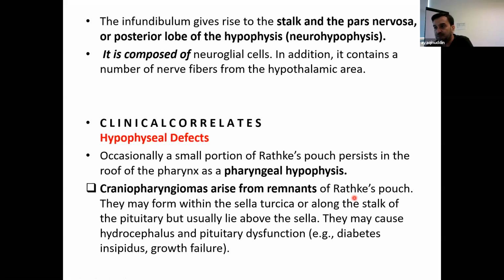These are tumors which may form within the sella turcica or along the stalk of the pituitary, but usually lie above the sella turcica. They may cause hydrocephalus, and they may cause pituitary dysfunction like diabetes insipidus and growth failure.